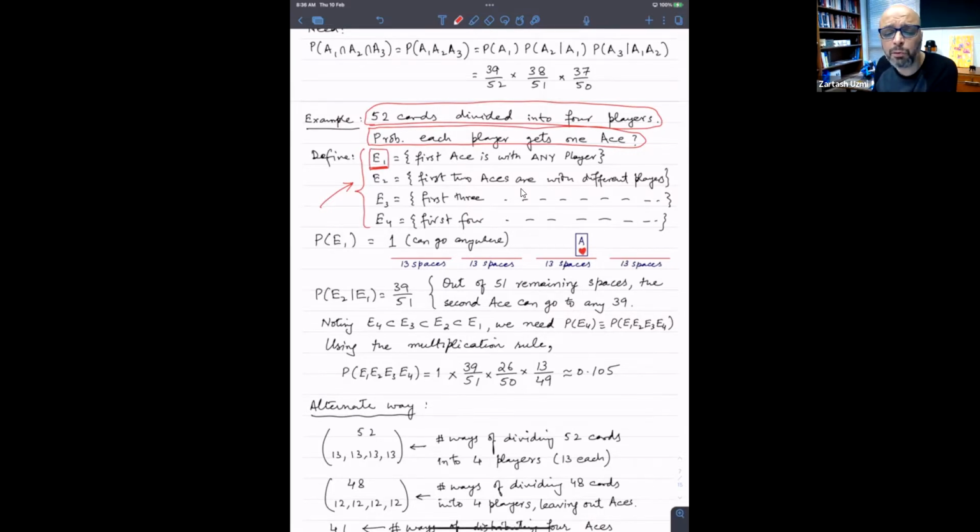This probability is 1. The first ace I pick up, I give to anyone, it goes, what difference does it make. Now the second ace, first 2 aces are with different players. What that means is that you have given the first ace to one player, and the second ace is with one of the 3 other players.